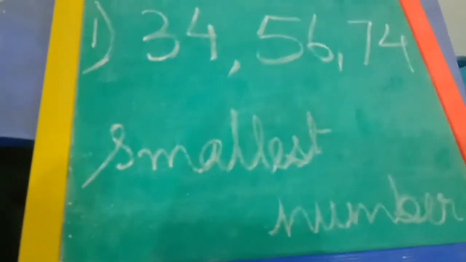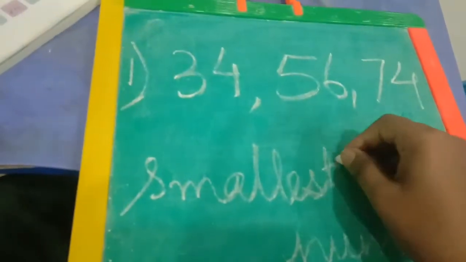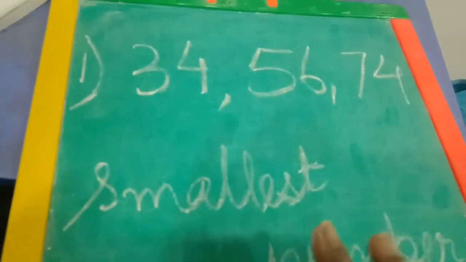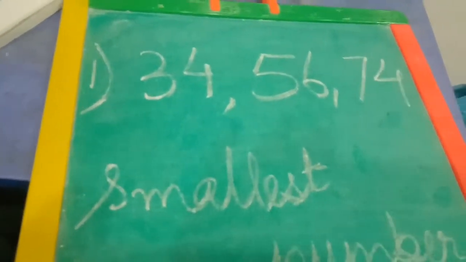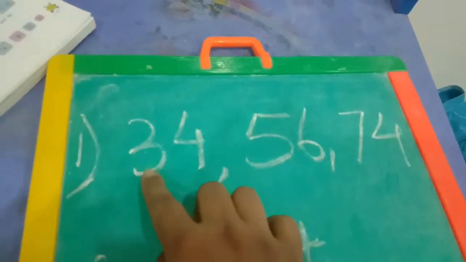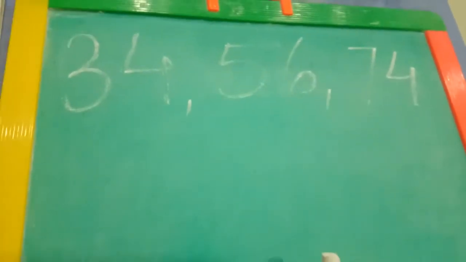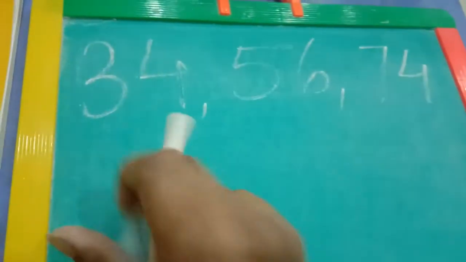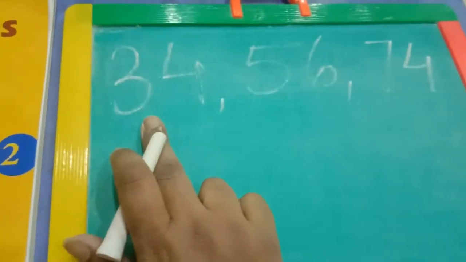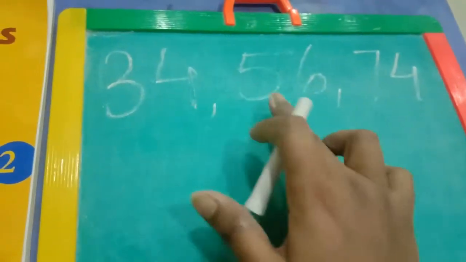It's very simple. Just follow the pattern, the explanation which I have given you just now. Identify the digits first. Okay children, we have to identify the smallest number among these 3 numbers, 34, 56, 74.